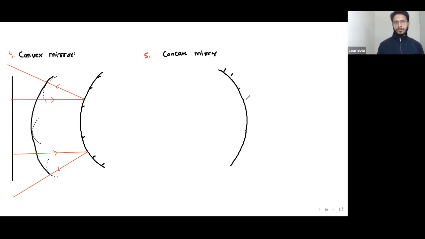So this is your concave mirror. This is your plane wavefront. This will converge basically. So this is your converging wavefront. These are the wavelets. Next, you can draw rays.